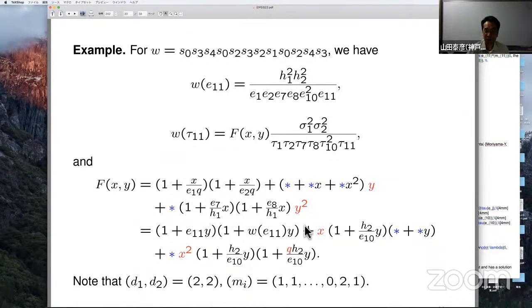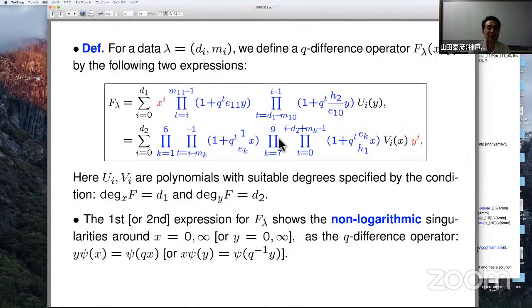And this is the general structure of the polynomial f. So we can define such polynomials in this way.